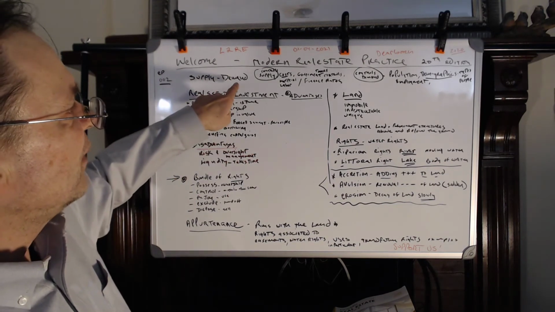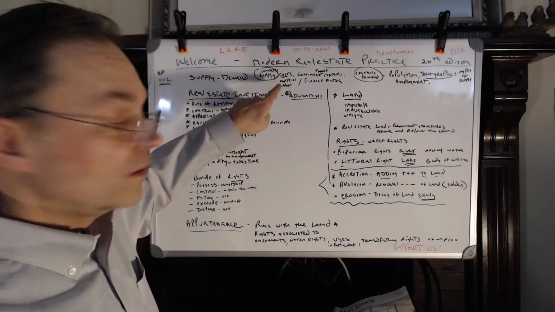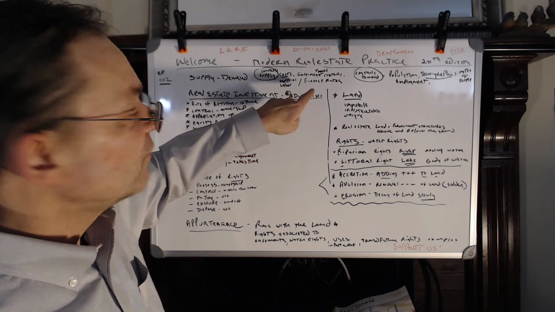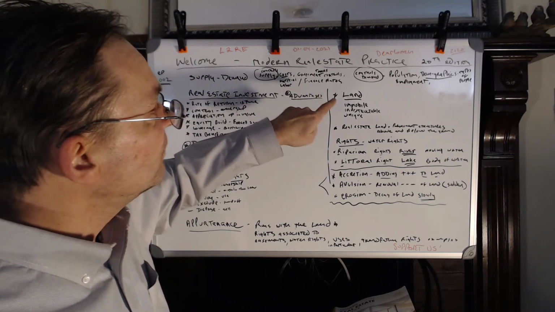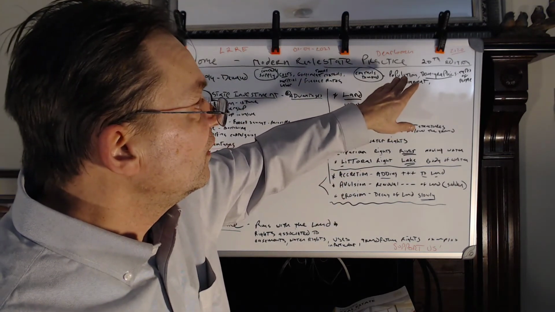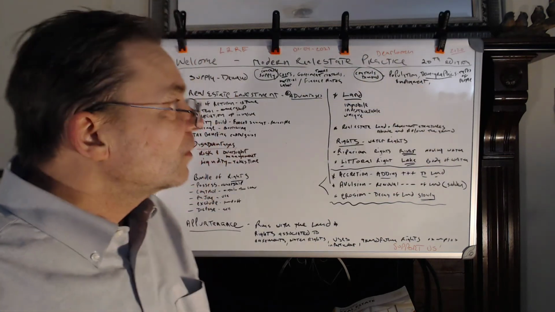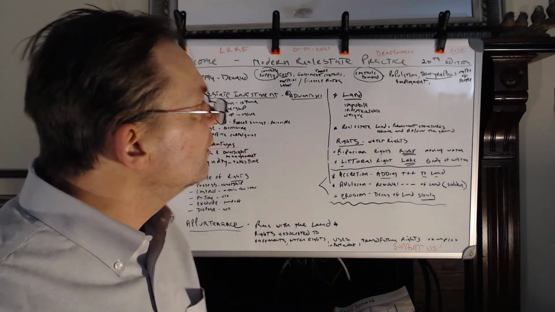We went over supply and demand. The supply has to do with the costs, government controls, finance, availability. The demand has to do with the population, the employment, the demographics, types of people and how they move around.